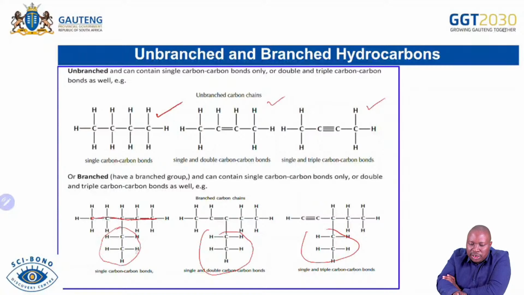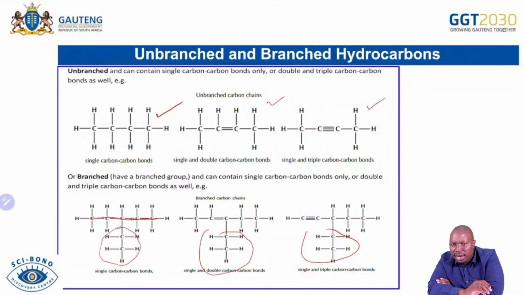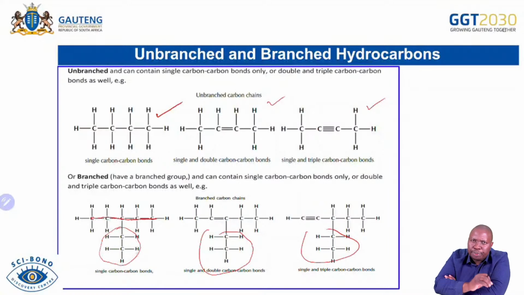So now it shows that the other one is a branch. Sometimes we refer to it as a substituent, because remember where that CH2, CH3 is, we have removed a hydrogen. Hence, we can say we have substituted that hydrogen with that ethyl group. Hence, we interchange it to refer to it as a branch or substituent, so that you are not confused when it comes to that.